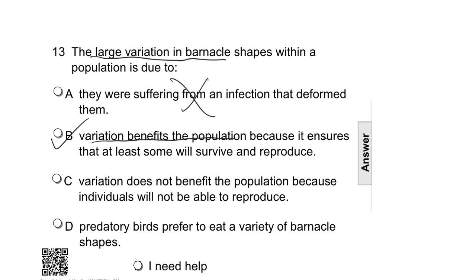Even when the environment changes, some of those weird traits will become adaptive, whereas they weren't adapted before. So that's it. Variation does not benefit the population. That's not true. Predator birds prefer to eat a variety of... What? Good fiction. Okay, letter B is the right choice.